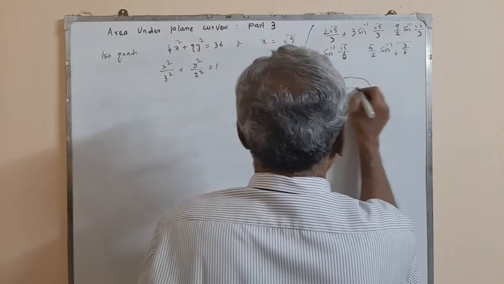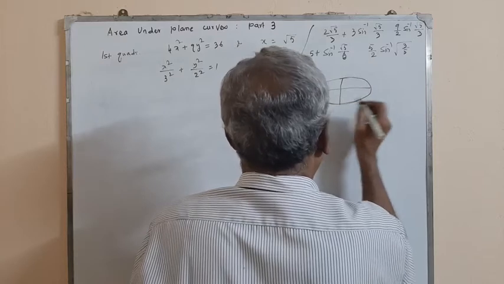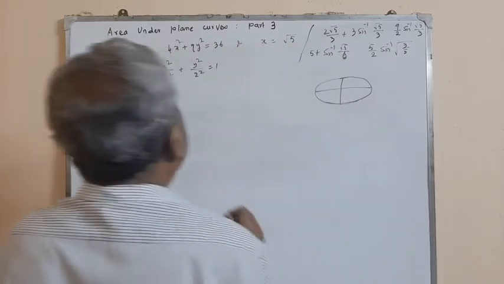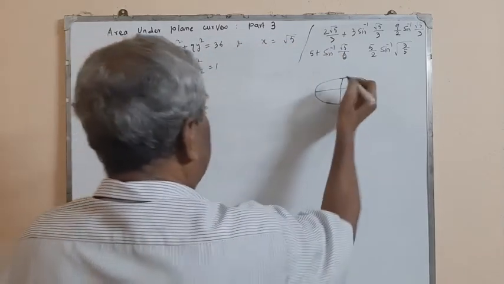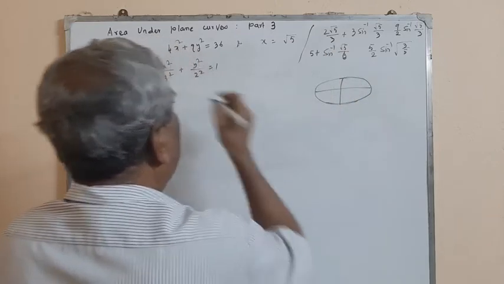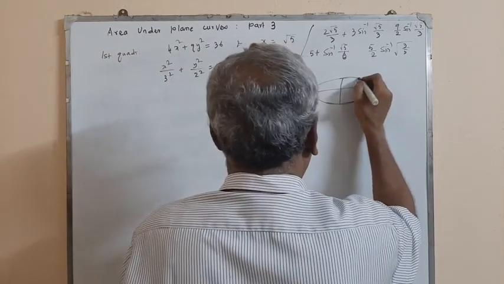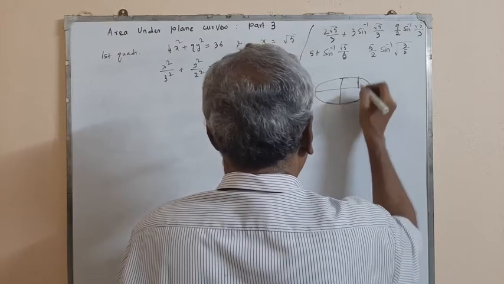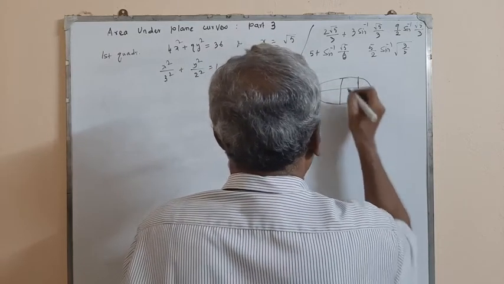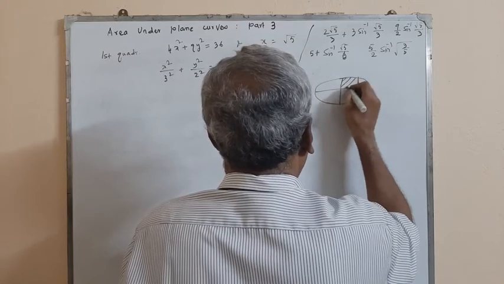So this is the figure. We have to find the area in the first quadrant between this and x is equal to root 5. This is x is equal to root 5. So this is the region.